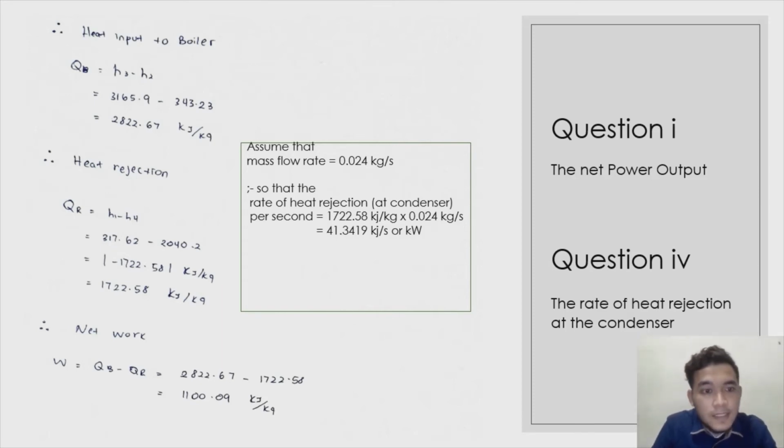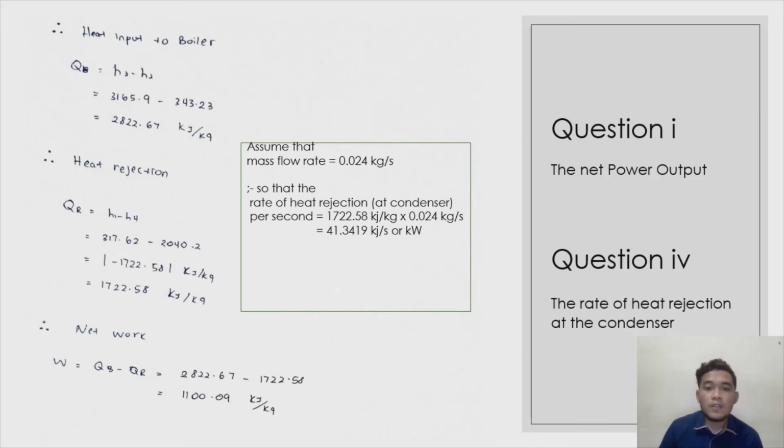After I obtain the heat rejection, to obtain the rate of the heat rejection at the condenser, I assume the mass flow rate is 0.024 kilogram per second, and then I multiply it by the amount of the heat rejection.